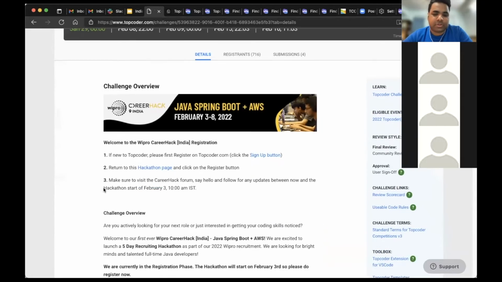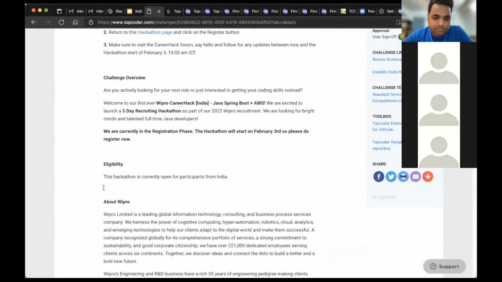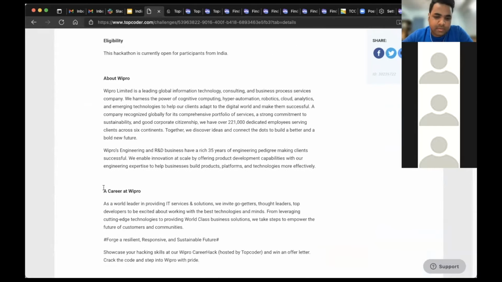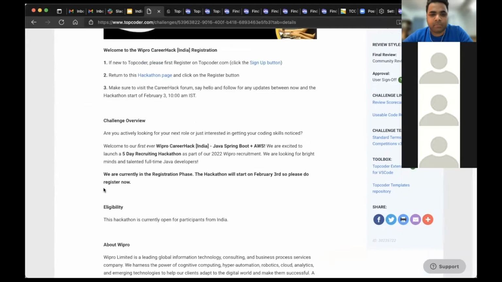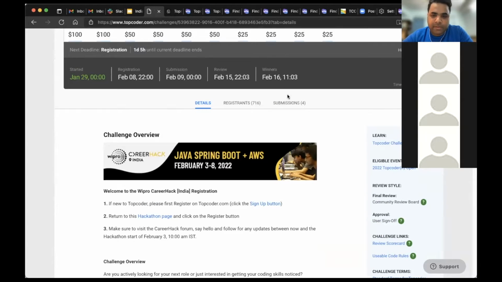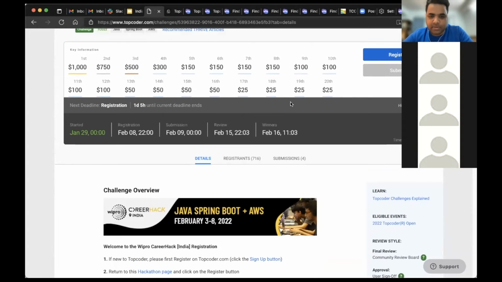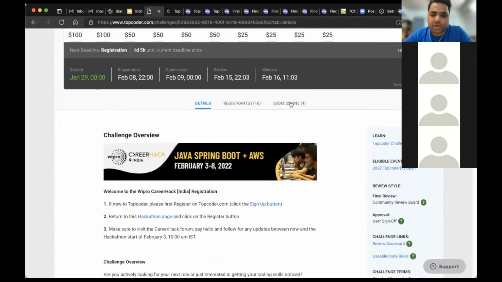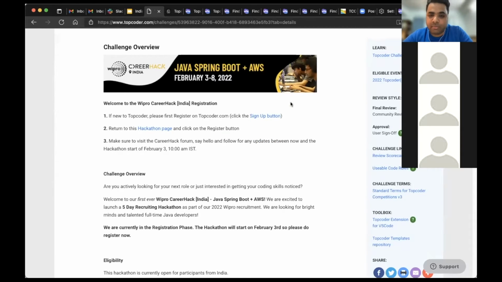The task, from what I've been informed right now, is to build a software, and they'll review you and try to gauge your skills, and based on how you fare, and if you manage to win this or get a placement in the rankings, you'll maybe be called for an interview, and you'll get a chance to become a full-time employee at Wipro.